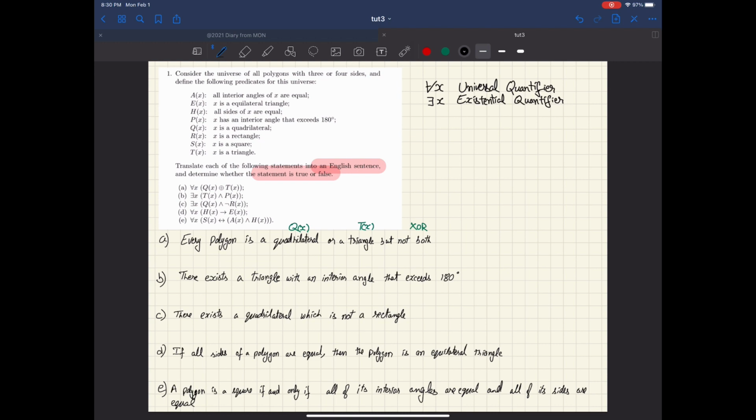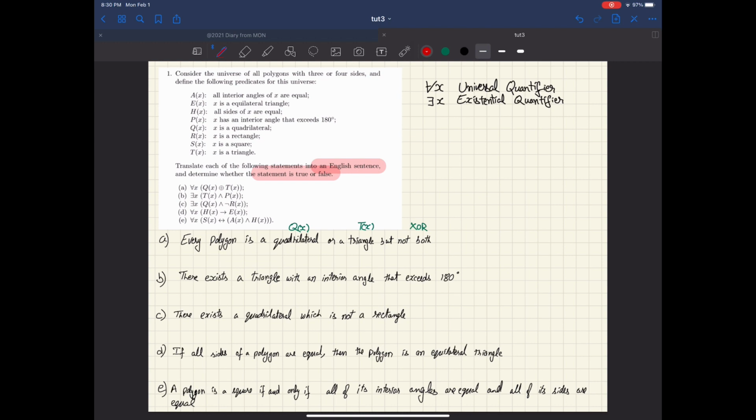So for the first statement, which says every polygon is a quadrilateral or a triangle, but not both, the statement at first seems to be false because a polygon could have more than 4 sides. It could be a hexagon or an octagon. It doesn't necessarily have to be a quadrilateral or a triangle.